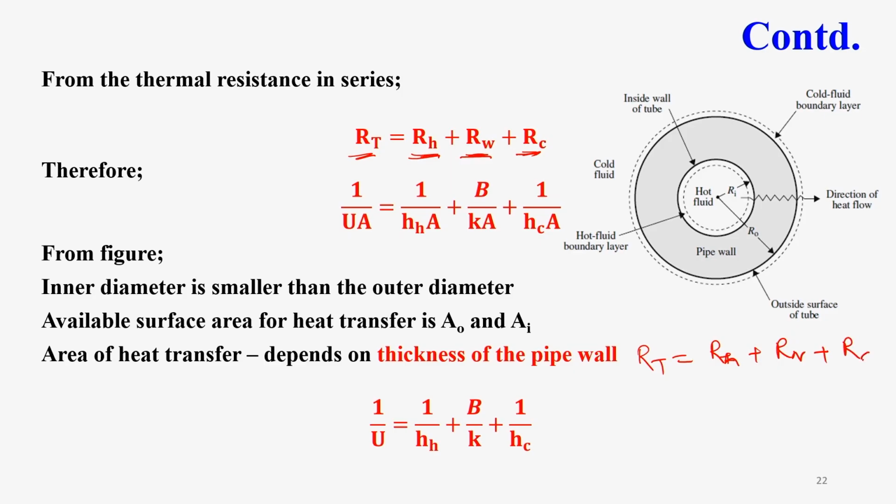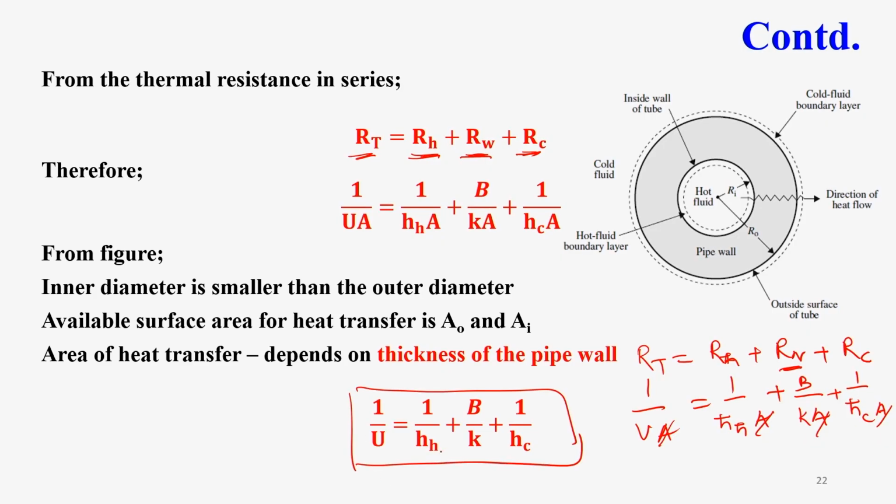RT is 1 upon UA, RH is 1 upon hH into A, RW is, from conduction, B upon thermal conductivity into area, where B is the thickness, plus 1 upon hC into A. And if you consider there is no significant difference in the area, it becomes 1 upon U equals 1 upon hH plus B upon K plus 1 upon hC. In this way one can calculate the overall heat transfer coefficient.